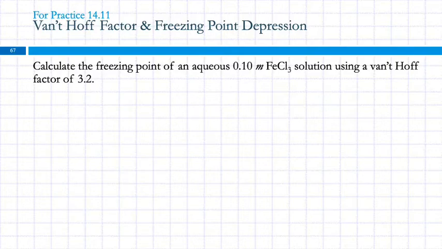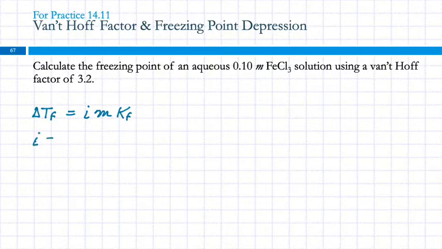So we're supposed to calculate the freezing point. We're going to use the freezing point depression equation. But we're given a Van 't Hoff factor. This is an ionic compound, so we need to use that. So we've got that Van 't Hoff factor times the molality times the freezing point depression constant.